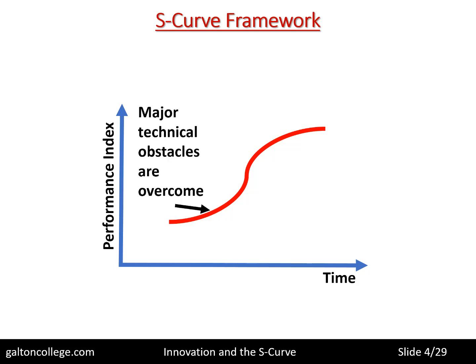At the very bottom, there are major technical obstacles to the innovation. The technical obstacles could be personnel needing retraining on how to use a piece of equipment, or the piece of equipment needing to be integrated into a production process that involves other pieces of technology.